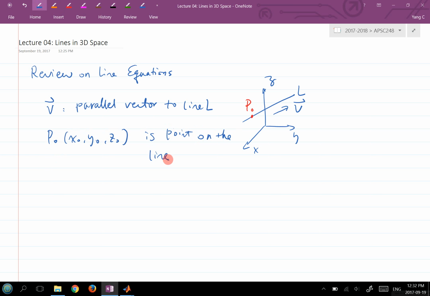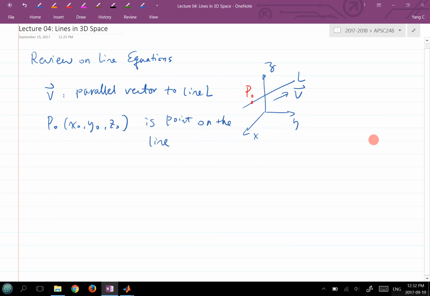And that will be enough for us to come up with a so-called parametric equation for this line.